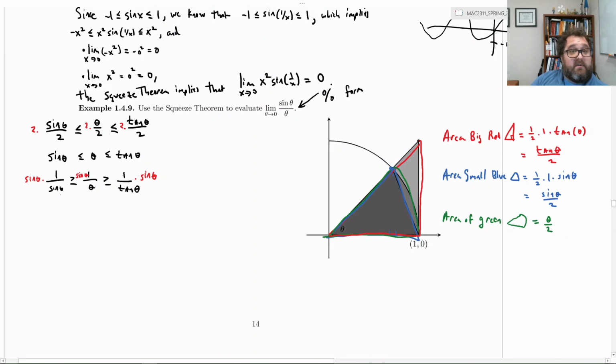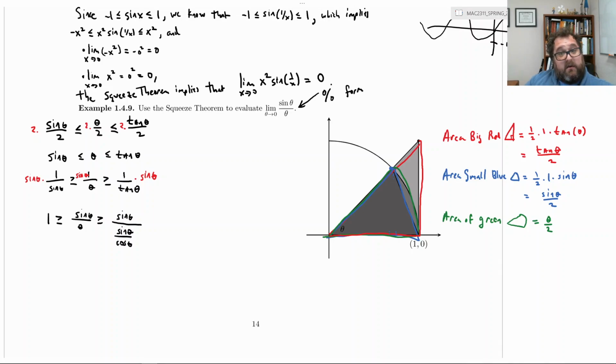So if I multiply everything by sine theta, what do we get? We get sine theta over sine theta, 1, over here, less than or equal to, in the middle, I have sine theta over theta, which is what I was after. And over here, I have sine theta times 1 over tan theta. Okay, so I have to think about that. Let's reduce this. What's tan theta? Tan theta is sine theta over cosine theta. But now I have a compound fraction: sine theta divided by sine over cosine.